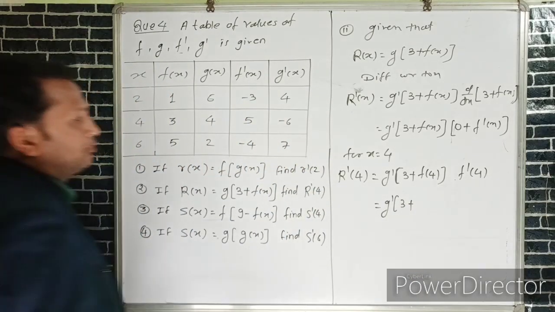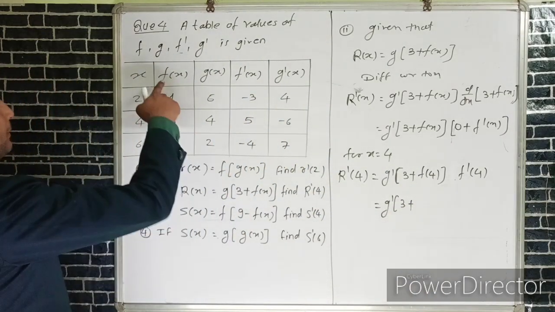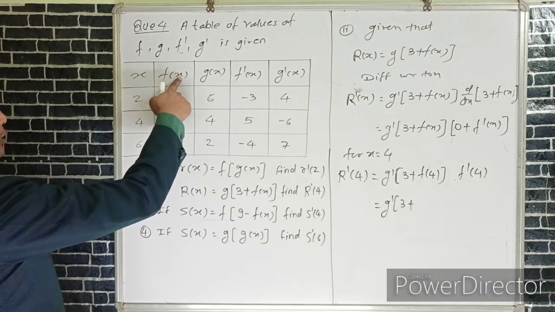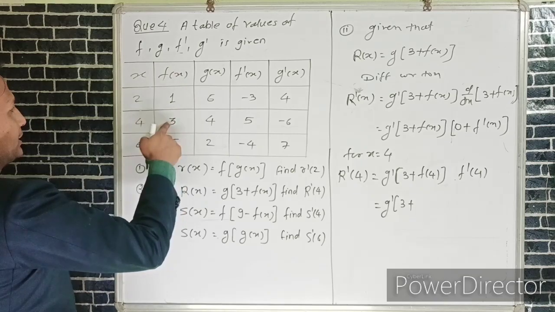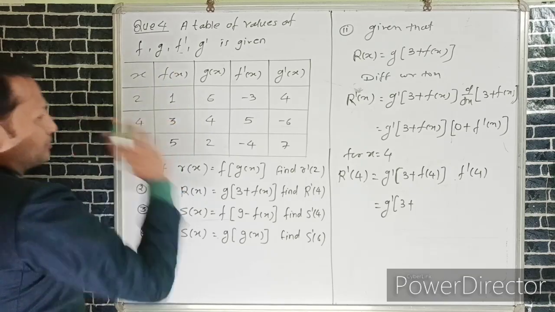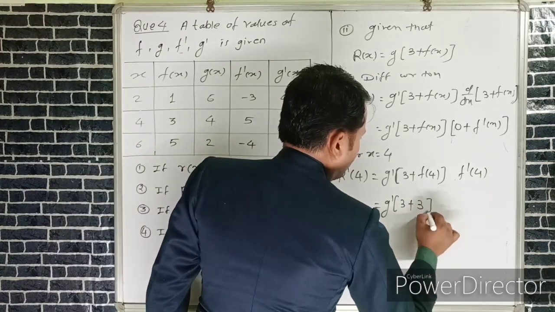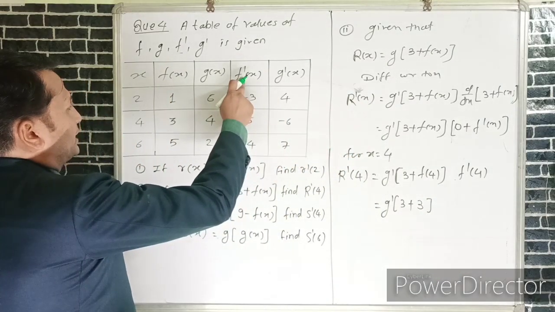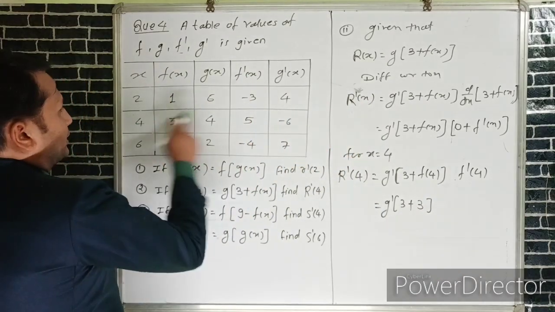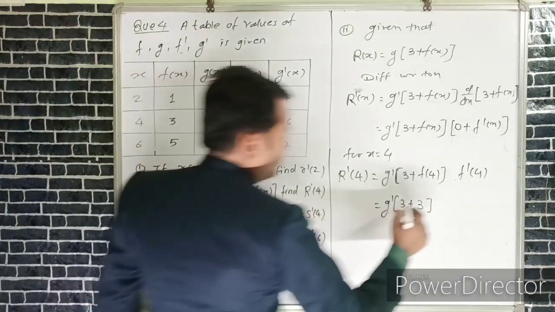We have to find the value of f of 4 in the column of f of x. If the value of x is 4, then the value of f of 4 is 3, into f dash of 4. F dash of 4 is 5.